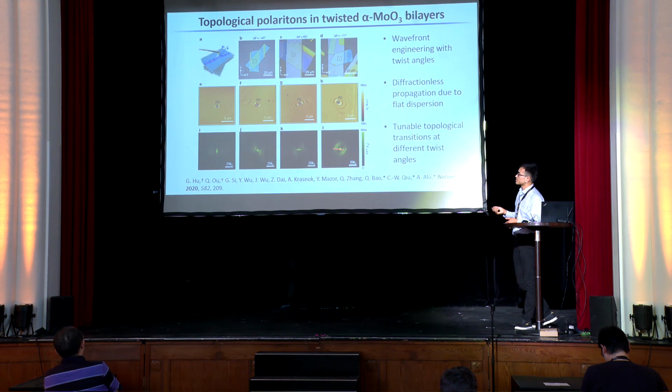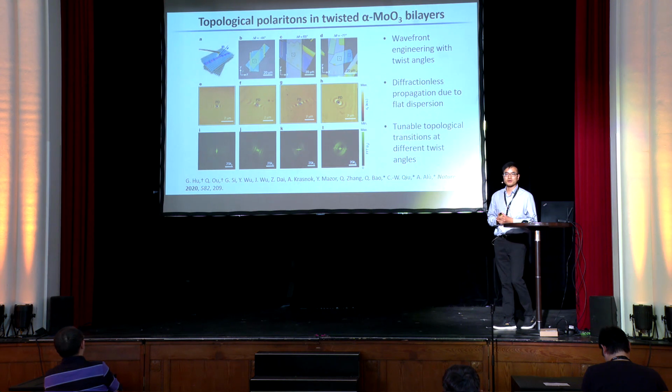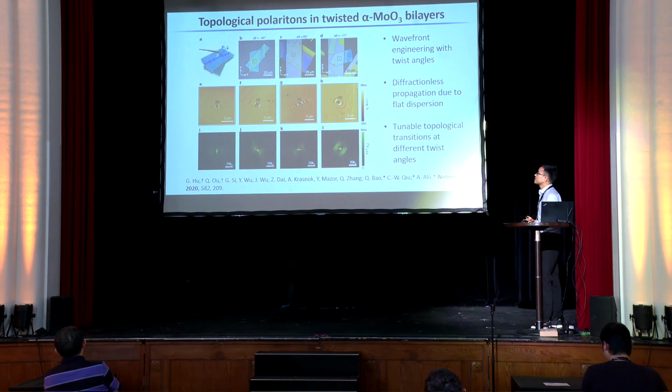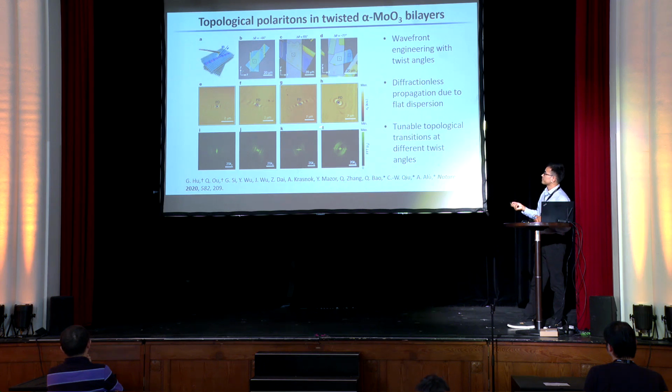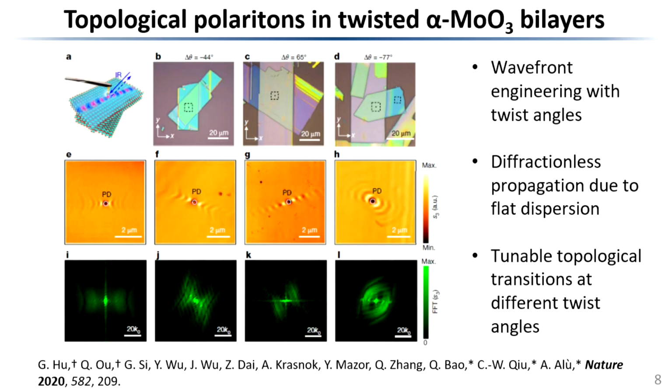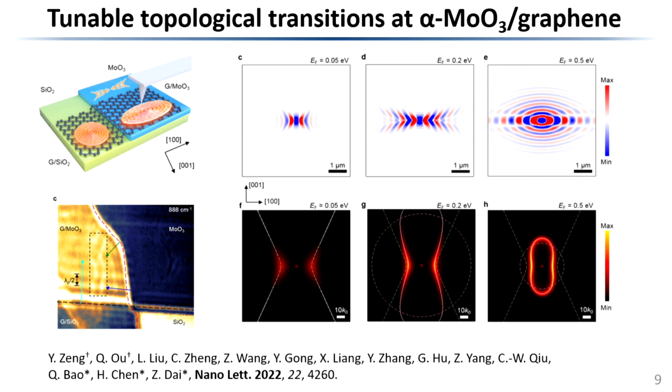This work was done in my postdoc in Australia, at Monash University, in collaboration with Cheng Wei-Xiu's group and also Alu's group. We made twisted bilayers and imaged this topological transition of phonon polaritons. Very interesting physics. I'm not going to go into too much because today's topic is structural engineering.